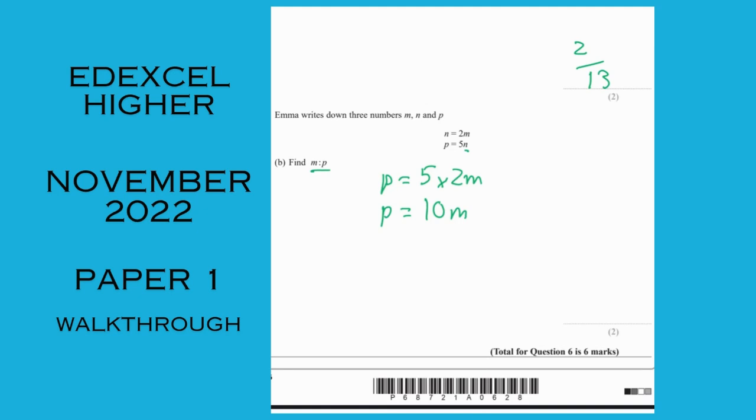Now the key is, to get P, M has to be multiplied by 10. Or in other words, P is 10 times bigger. So wherever you see M, P should be 10 times bigger. So make sure you get those the right way around.